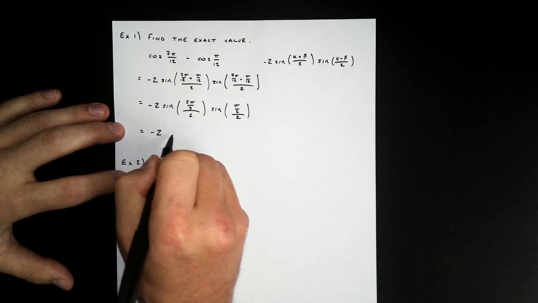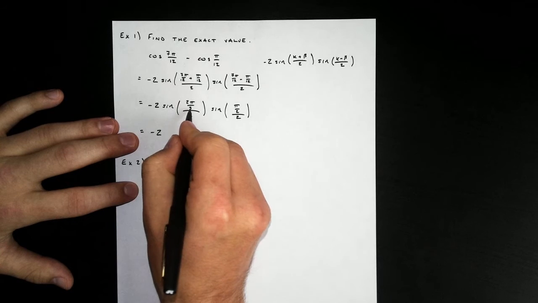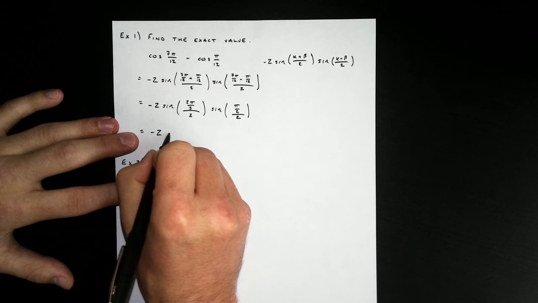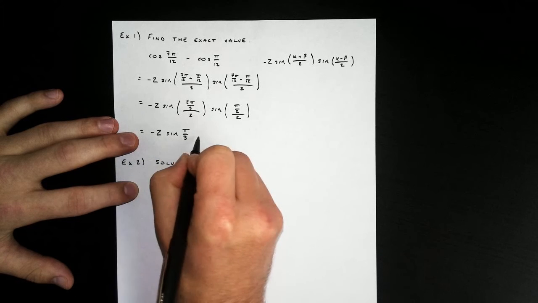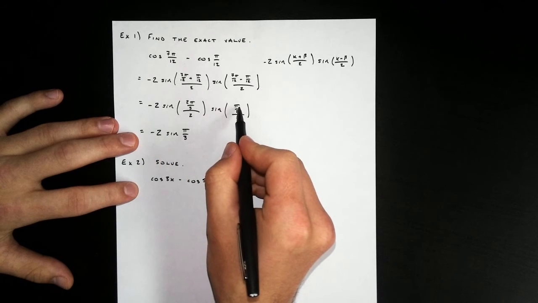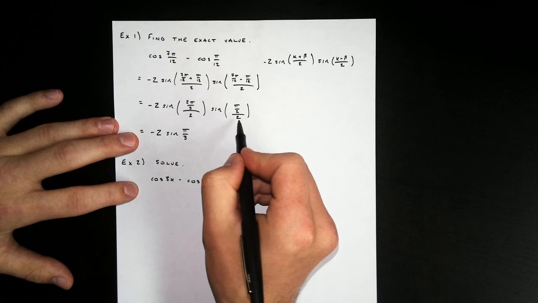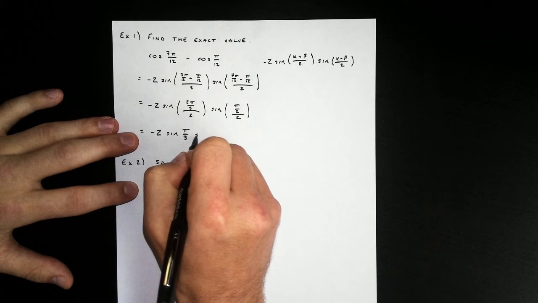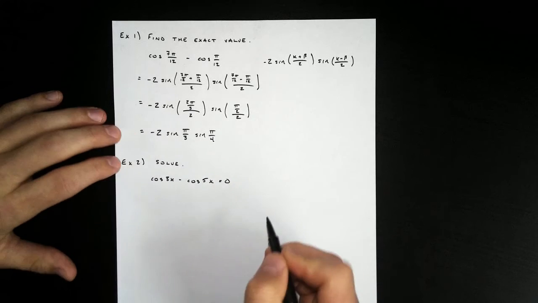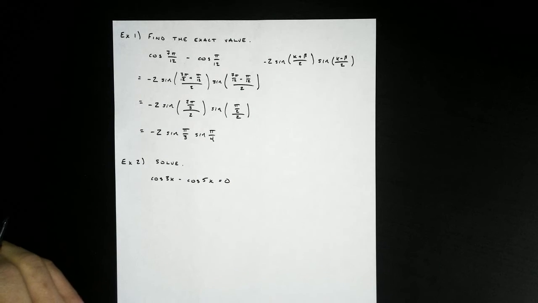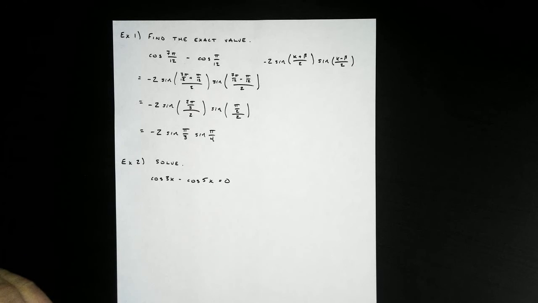All right, to finish simplifying, 2/3 divided by 2 is the same as 1/3, so you get the sine of pi over 3, and then pi over 2 divided by 2 is pi over 4. That all works out really nice because pi over 3 and pi over 4 are both angles that are on our unit circle.